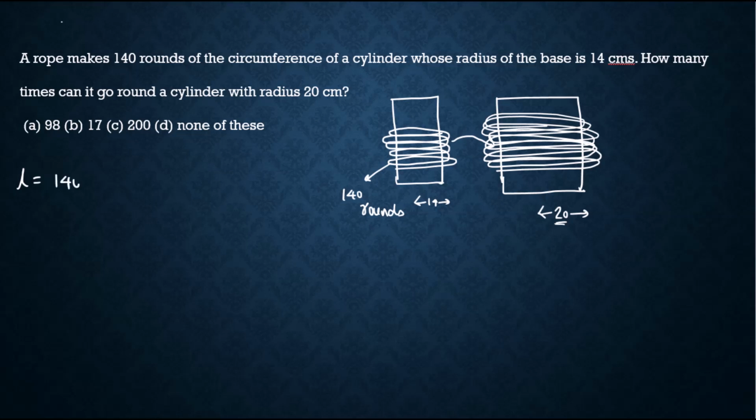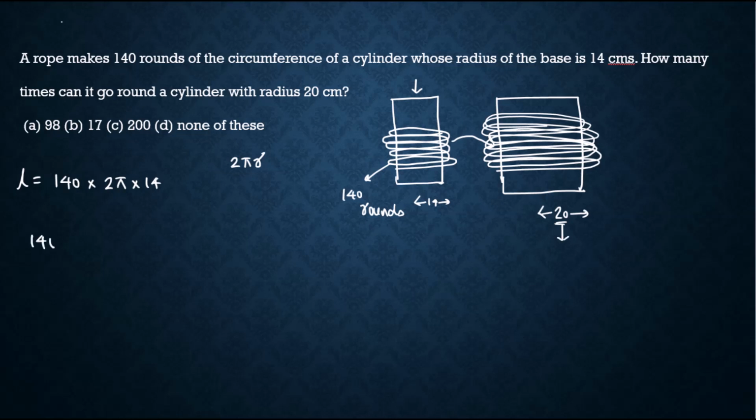Correct? So, the number of rounds is 140 into the circumference, with base radius of the first cylinder 14 centimeter. Therefore, circumference equals 2 pi into 14 centimeter, because circumference equals 2 pi r. We are using the same rope over a cylinder whose base radius is 20.